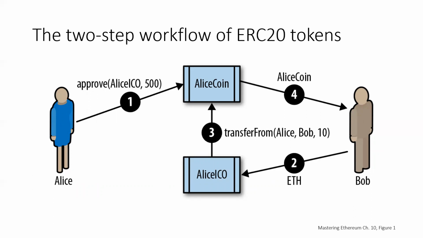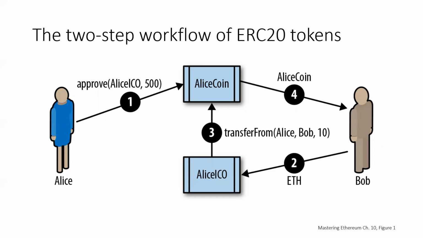Let's say Ellis wants to allow the Ellis initial coin offering contract to sell 50% of all the Ellis coin tokens to buyers like Bob and Charlie. You can see here Ellis and Bob, and let's assume we also have Charlie out there somewhere. First, Ellis launches the Ellis coin ERC20 contract, which we have up here, issuing all the Ellis coin to her own address.